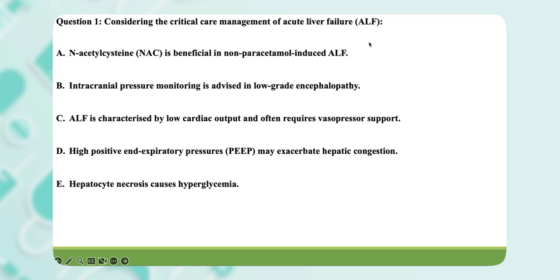No. ALF is characterized by low cardiac output and often requires vasopressor support? Yes. High positive end expiratory pressure may exacerbate hepatic congestion? Yes. Hepatic necrosis causes hyperglycemia? No, it is false. Now let's see what the answer given here is, then we will go for a deeper discussion.